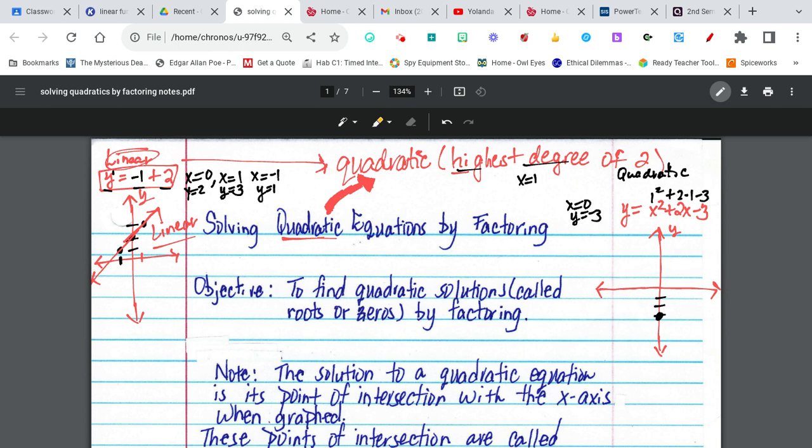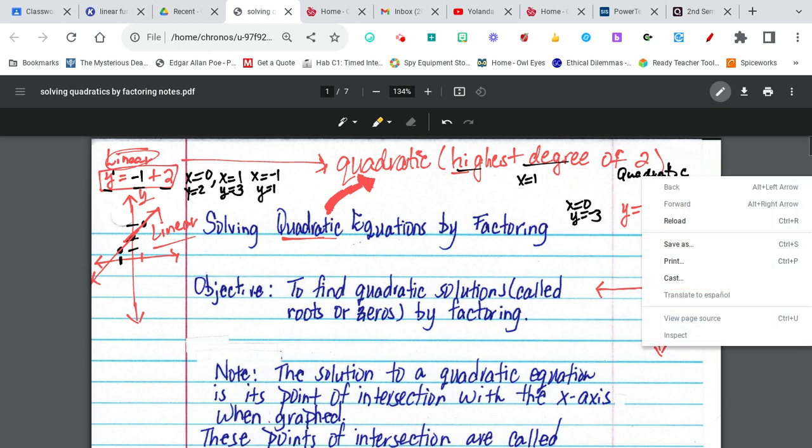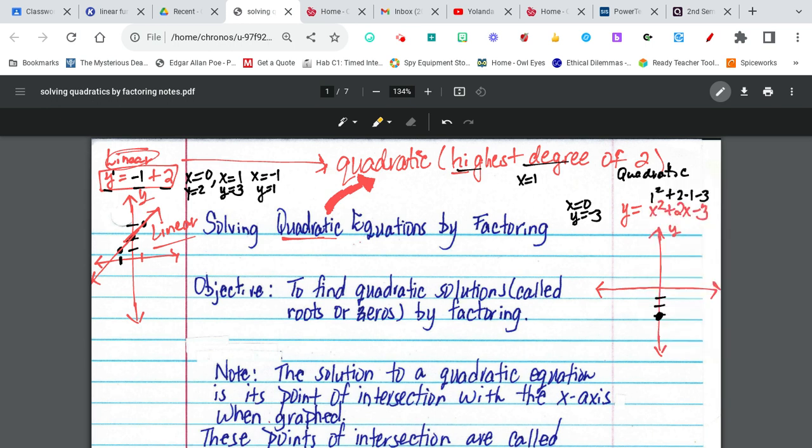Well, 1 squared is 1, and 2 times 1 is 2. 1 plus 2 is 3, but 3 minus 3 is 0. So when you put in the x of 1, you get a y of 0. That's 1, 0.